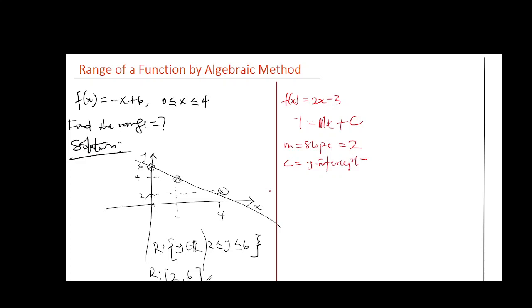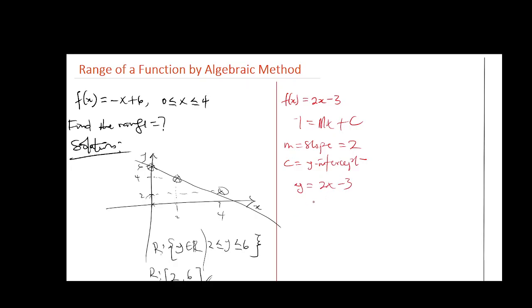Now, how do we solve this? First method, we can solve for y in terms of x, so we can say that our y is equal to 2x minus 3.